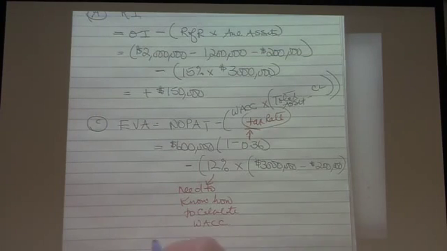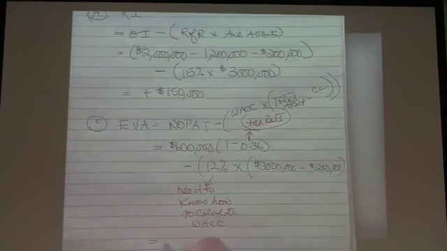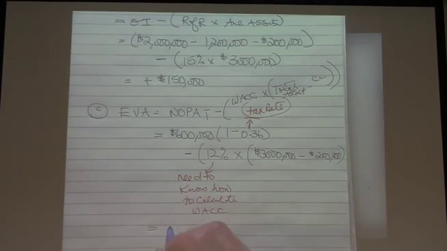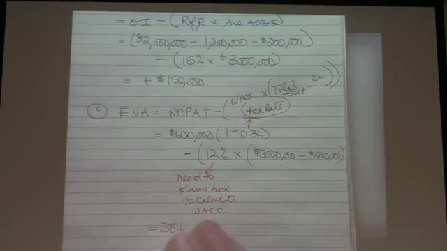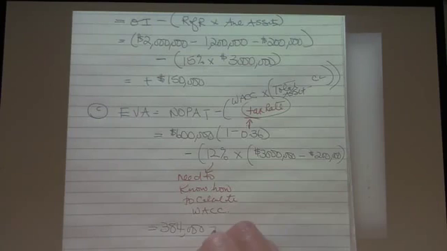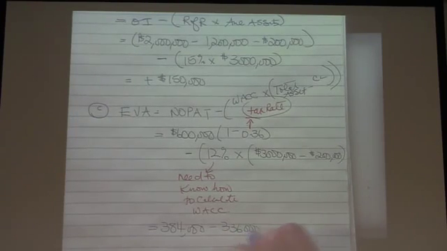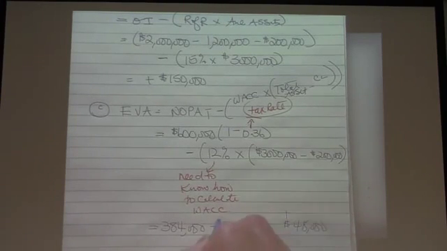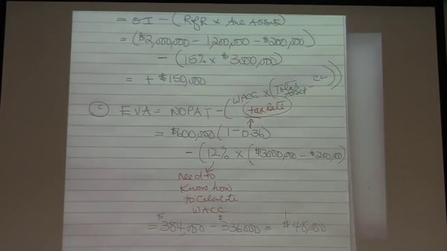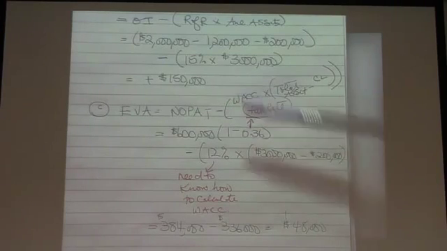So this is 384 minus 336. So a little bit different than the RI, isn't it?